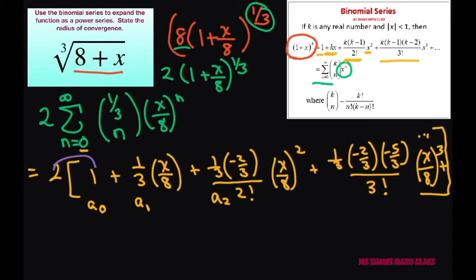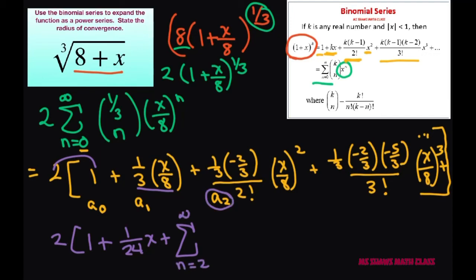Okay, so we're going to write 2 times 1 plus, this is going to be 1 divided by 24 x plus, now I'm going to write the sum here because I have a pattern, but we're starting at a sub 2. So this is going to be n equals 2 to infinity.